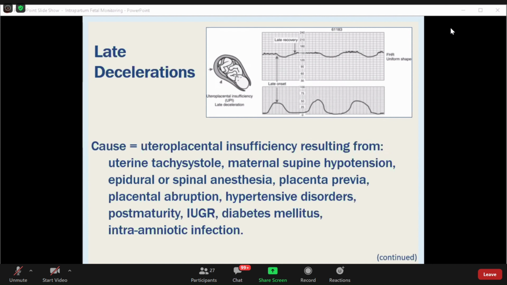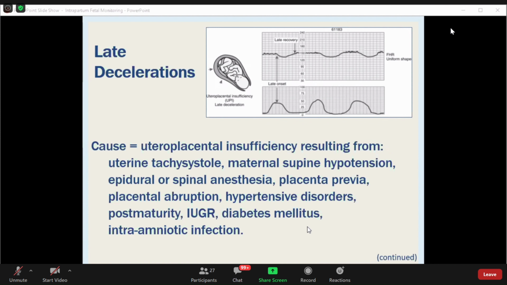So for right now, I just want you to remember uteroplacental insufficiency, okay? This is happening even though the fetus has all of their extra H and H and they have their fetal hemoglobin and all of that good stuff, this is still happening, okay? So you're concerned about this, all right?